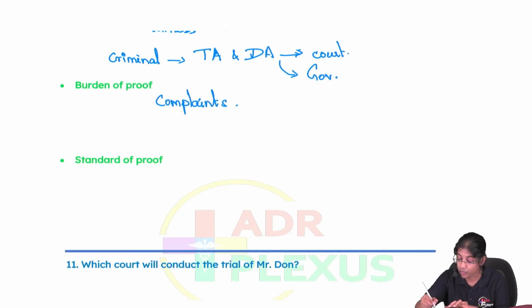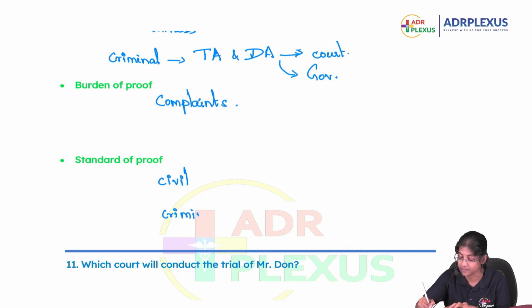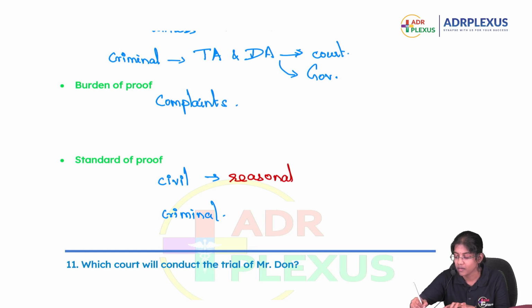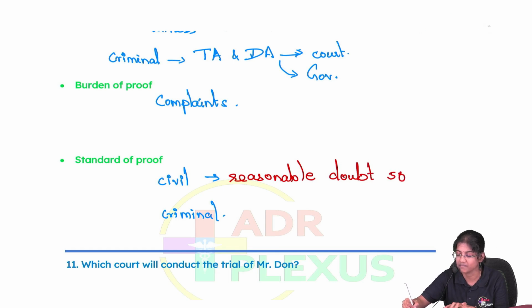What is the standard of proof? You have a standard of proof for civil cases and for criminal cases. Now, in civil cases, whenever there is reasonable doubt. What do we mean by reasonable doubt? 50-50% chances.